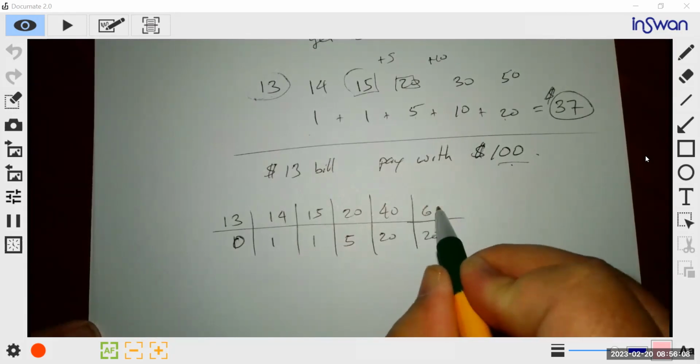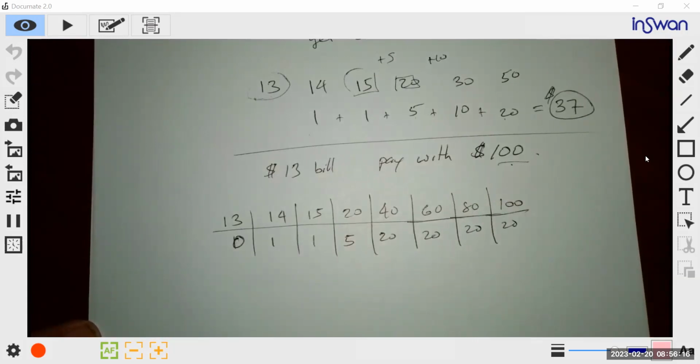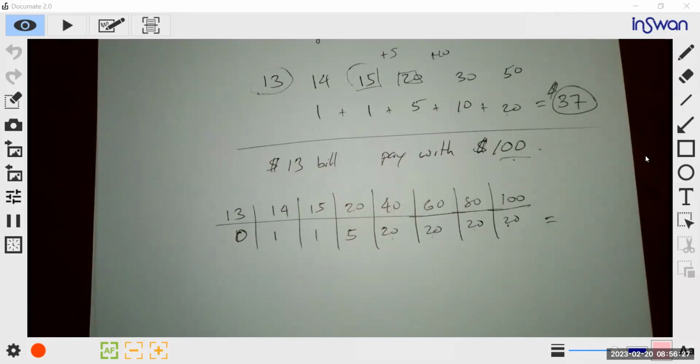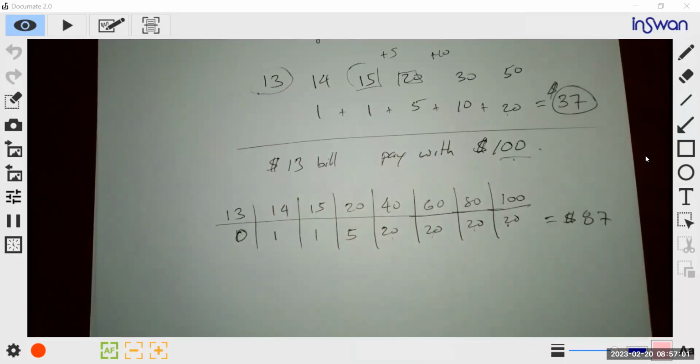Then another 20. So how much does that give us? 20, 40, 60, 80, plus 5, 6, 7. And that's what they use at cash registers all the time.